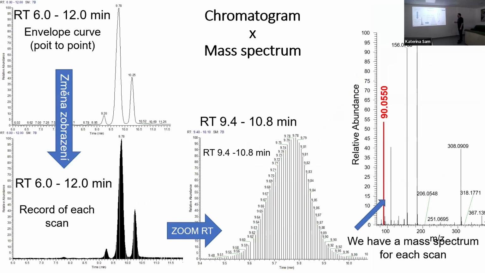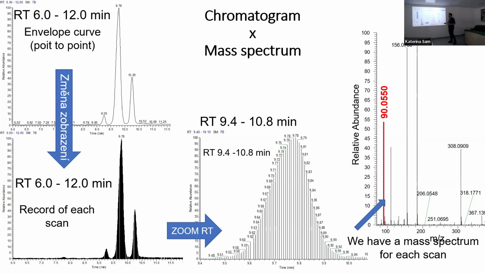Here we have the workflow for evaluation of the data, because here we have the chromatogram. It's the same: sarcosine, alanine, beta-alanine, and these are only the curves. But in the curves we have a lot of scans.